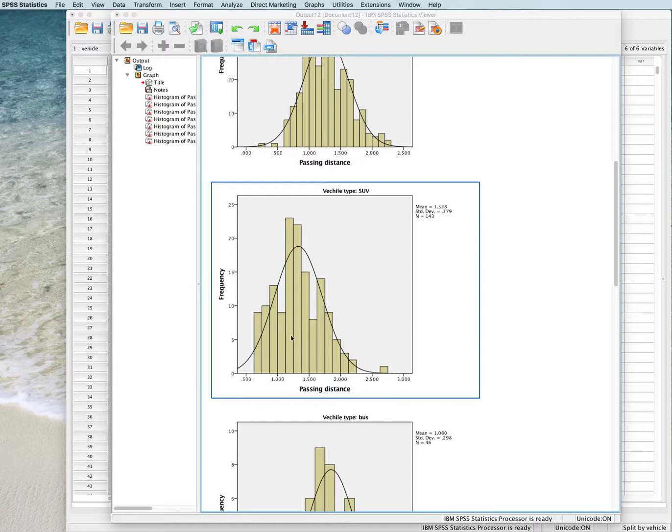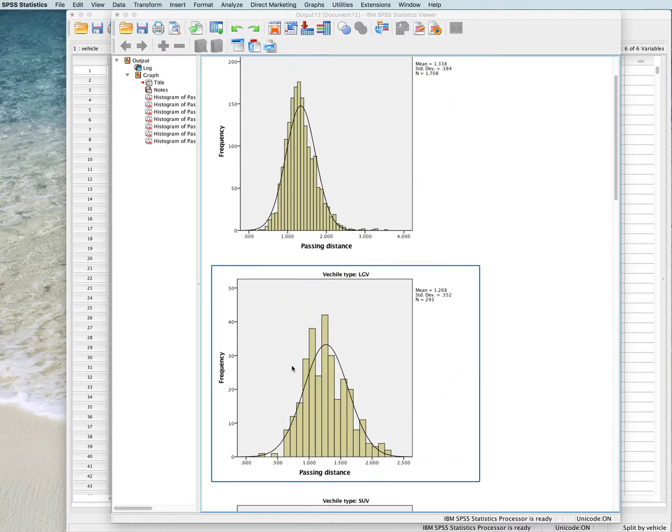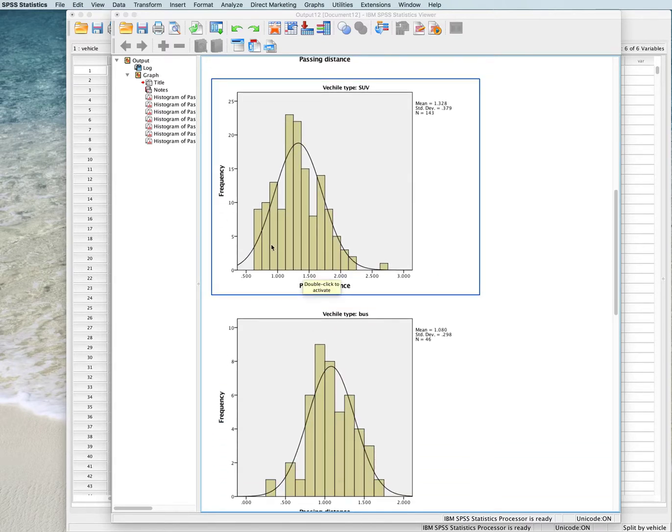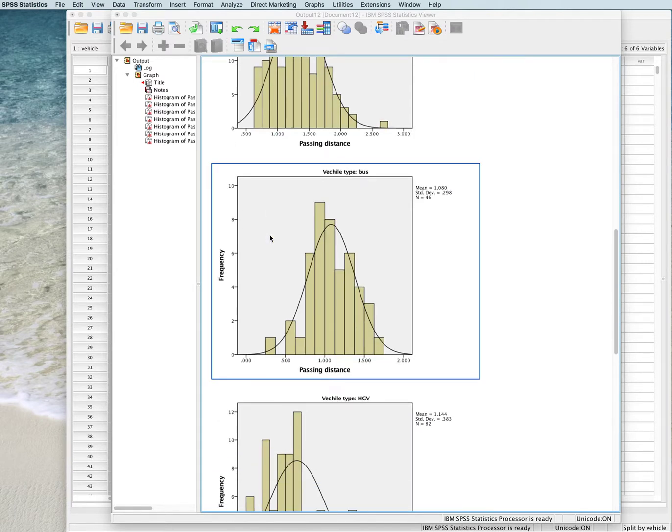SUVs seem to be content to drive much closer, indeed, to motorists, and the average point for SUVs is about 1.2, whereas if you look at some of these here, it's a little bit higher. The midpoint is higher. So you can see more people are driving closer to the vehicles.